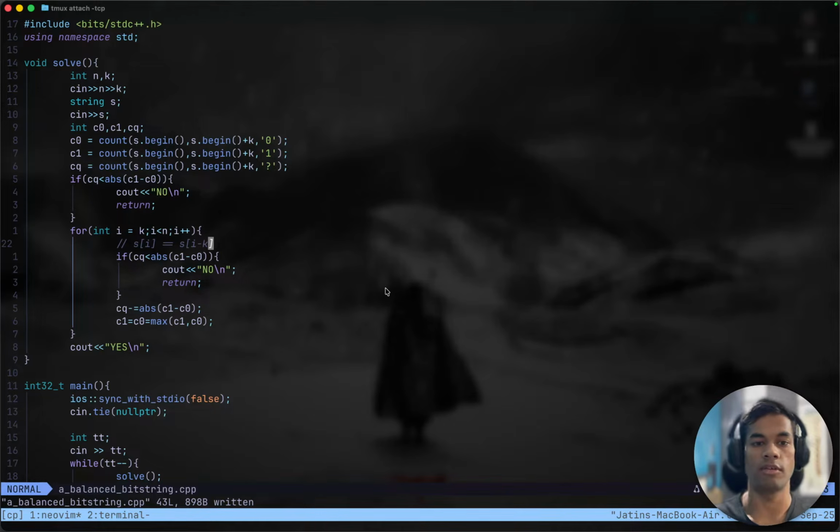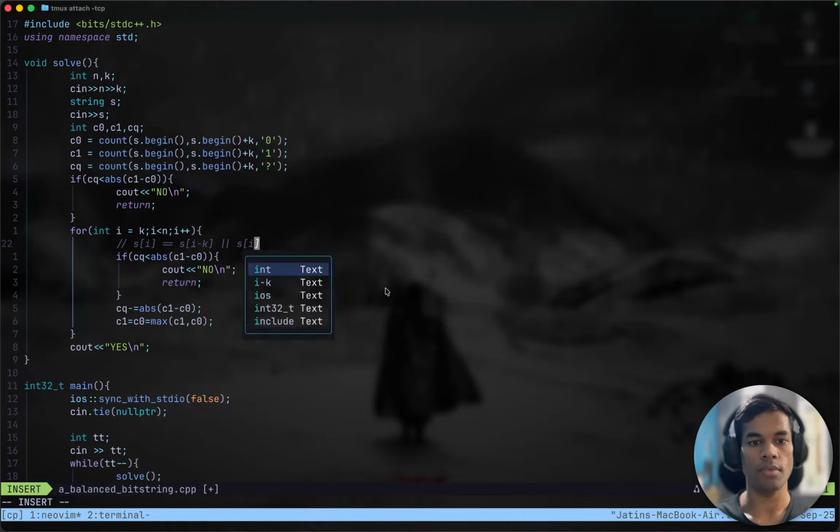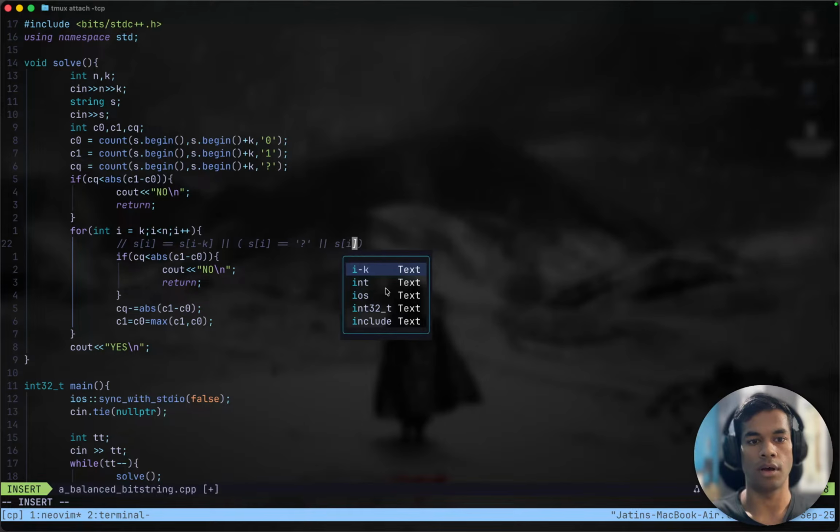Okay, cool, makes sense. So either these two are equal to each other, or either one of them is equal to question mark. Si equals question mark, or Si minus I minus K equals question mark.